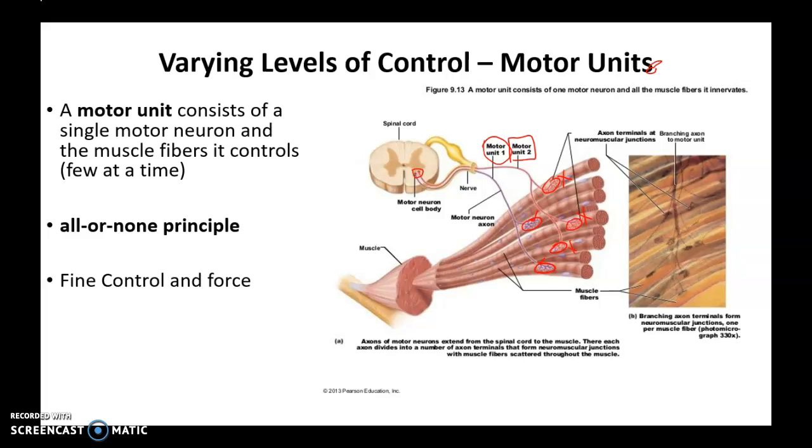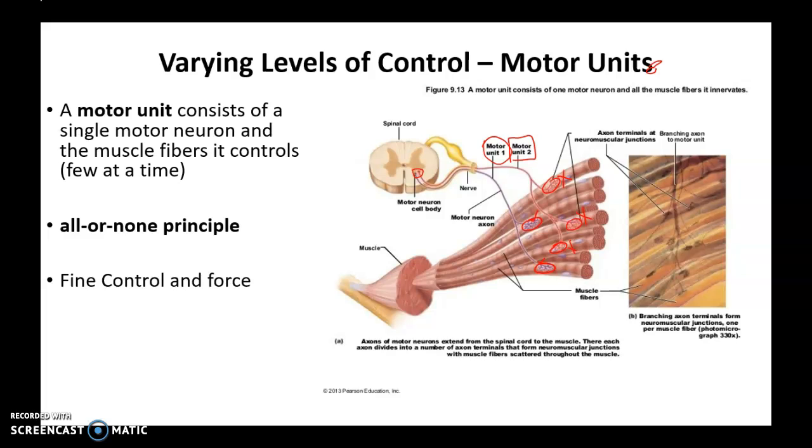What does that mean? Let's take motor unit number 1 as an example. We know that motor unit number 1 has a motor neuron that innervates only 2 muscle fibers. Now, if the motor neuron shoots out an action potential, the action potential will reach the 2 muscle fibers and the muscle fibers will contract.